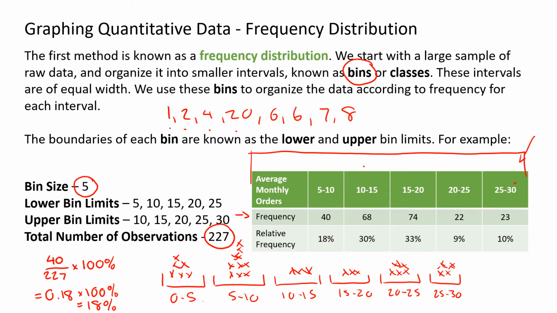So this kind of bin sizing method is very useful when you have data that covers a broad range of values. Okay, so it doesn't fall within specific values throughout the process. Putting them into these convenient bins helps you to organize it better.